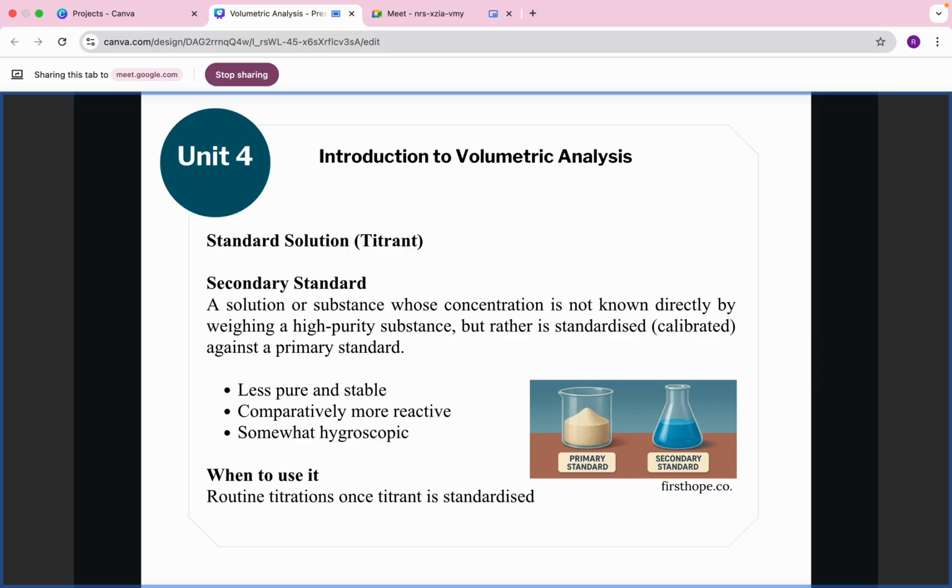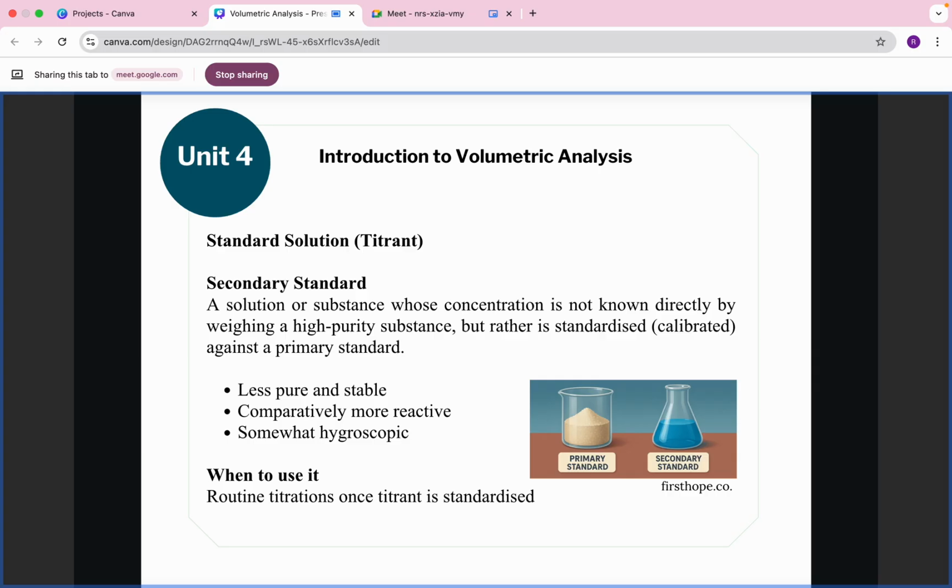If you are going to use sodium hydroxide, which is classified as a secondary standard, it's hygroscopic and it absorbs carbon dioxide, so it can degrade or change in its composition when you use it. Its concentration may not be exactly what you wanted it to be.